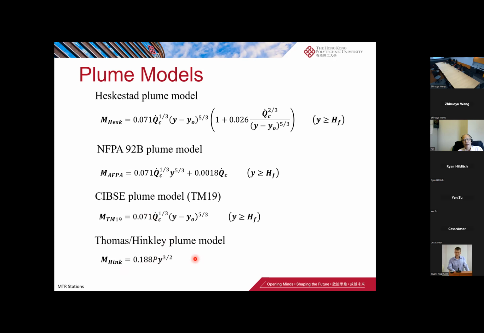This also causes many problems because we don't know the heat source, and it is difficult to determine the perimeter of the fire. But from large fire experiments, Hinckley and Thomas claimed this correlation is a better fit for large fire source experiments compared with other models. I think this correlation is popular in Australia or New Zealand.